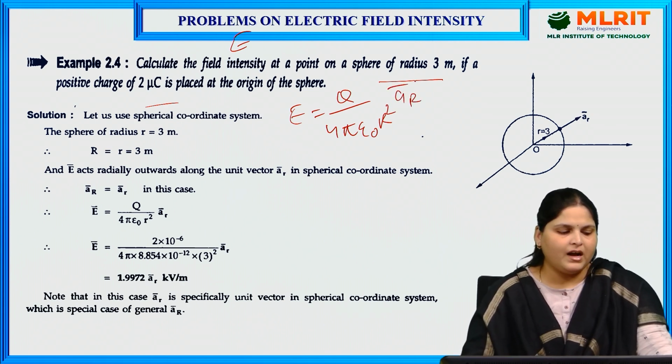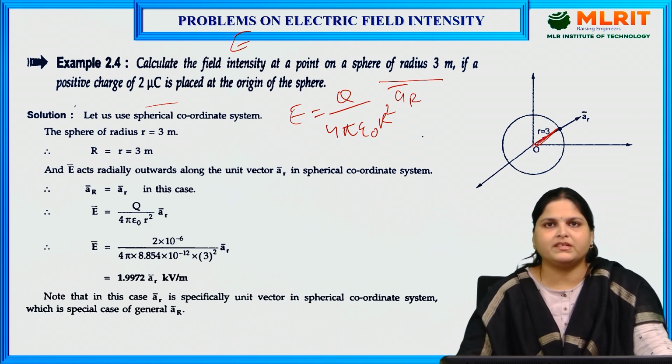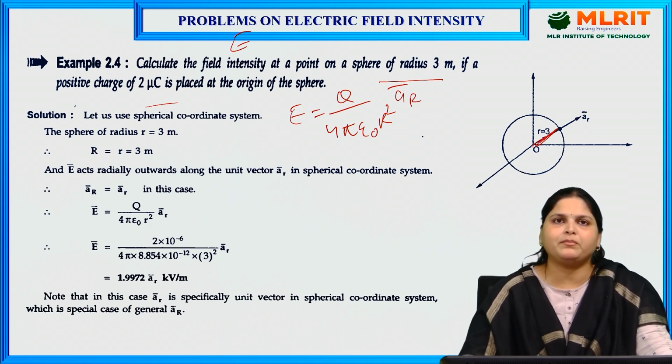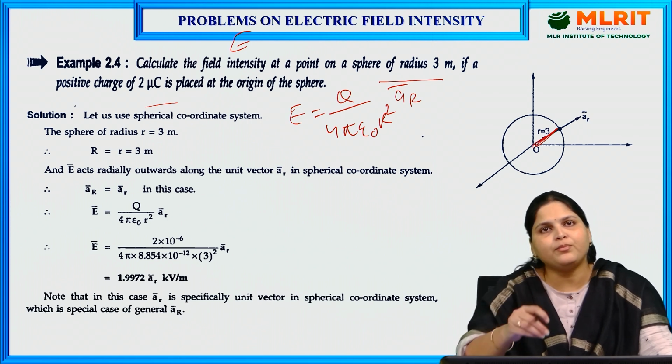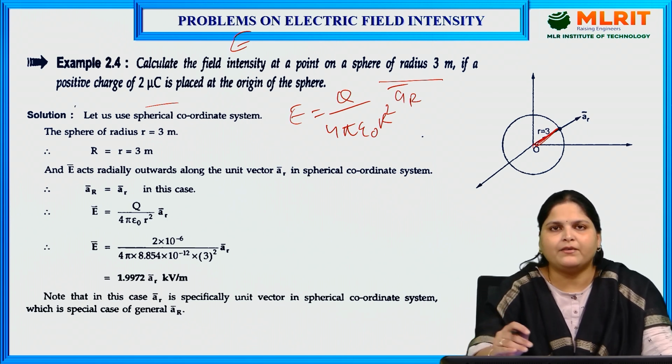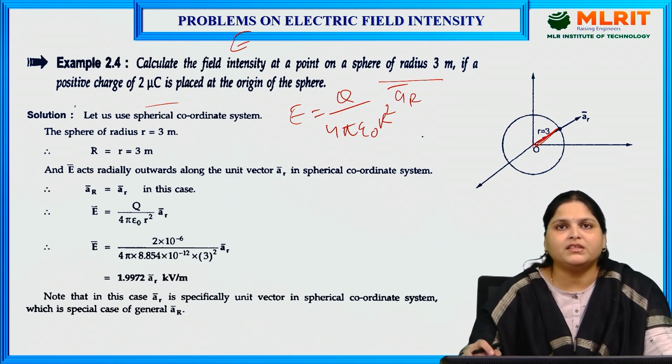R is already given here, whose value is 3 because it is a radius. And how we can say it is given? Because according to question we need to find out field intensity at any point on a sphere, means we have to find out a field at any point on the periphery of sphere.